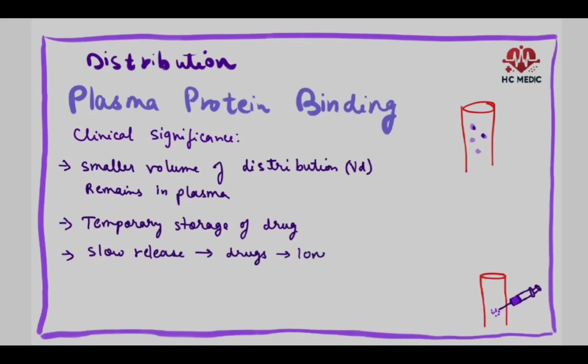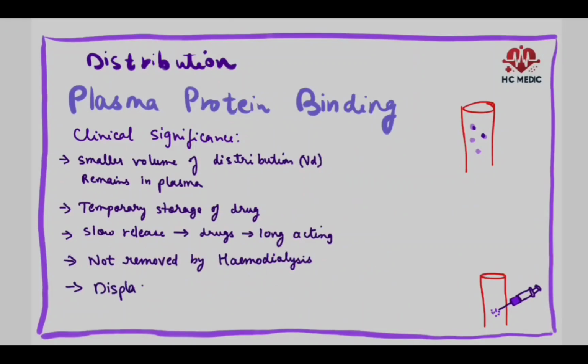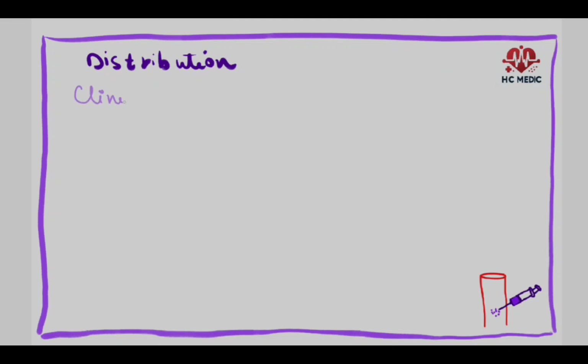This helps in the long acting property of the drugs. Next, it is not removed by hemodialysis, so in case of poisoning, these drugs are difficult to remove from the body. Then we also see displacement reactions in plasma protein binding.